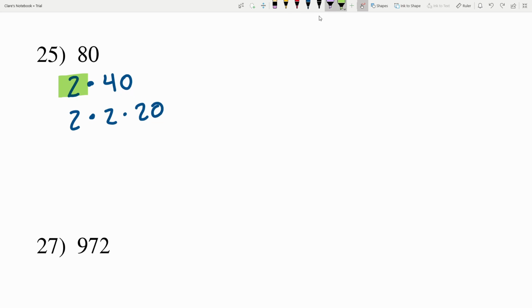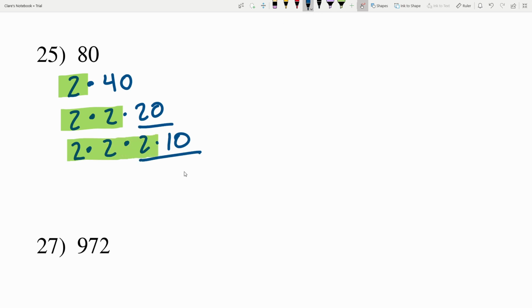So now I have two prime numbers, 2 and 2, but 2 still goes into 20. 2 times 2 times 2 times 10, because 20 equals 2 times 10. 10 is still even, so 10 is 2 times 5.